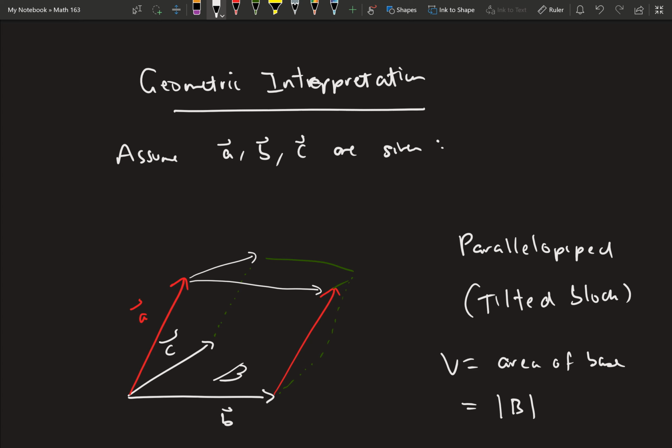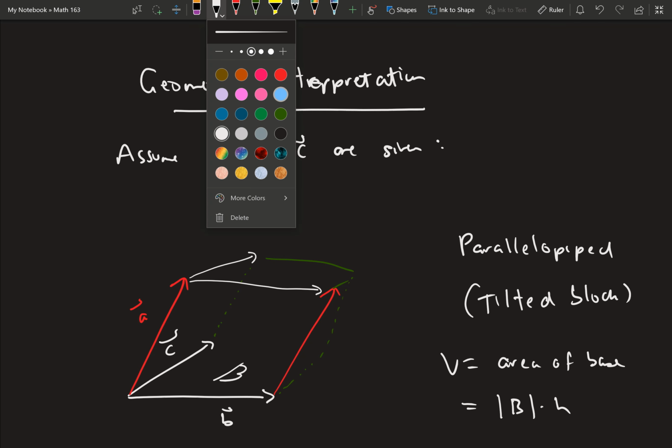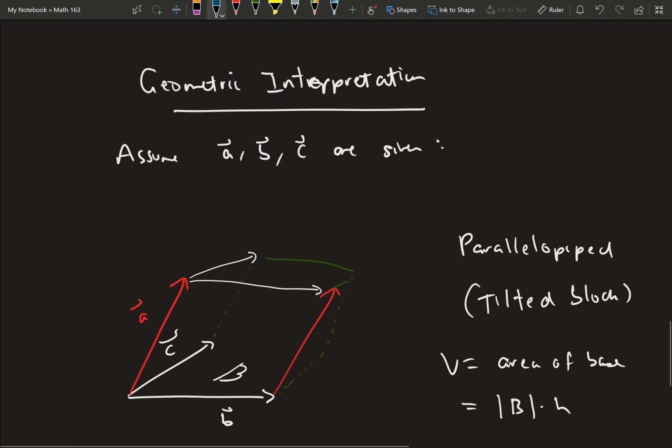So it's the area of the base times the height, and the height can be thought of as, let me use a blue here to draw our height. So here is H. Well, let me redraw that on the other side so we can think of it in a different way. It's also simply here, right?